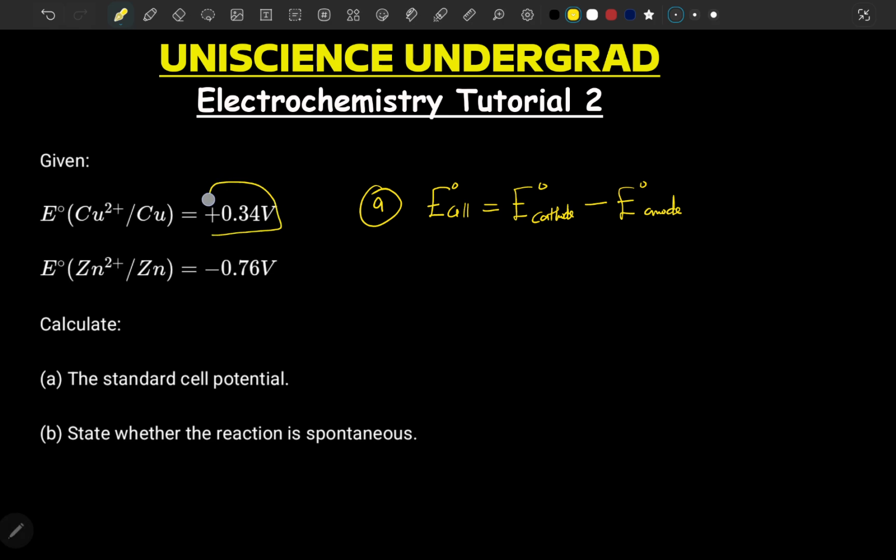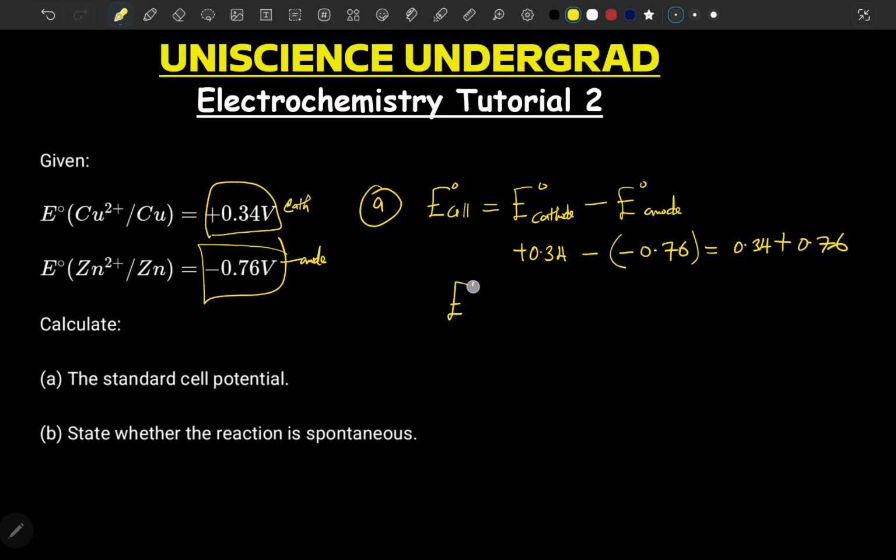As you can see, this one is at higher potential as compared to this one, meaning this is our cathode. And then this one is what? Our anode. So we are going to get positive 0.34 minus, then you open the bracket, negative 0.76, and end up having 0.34 plus 0.76.